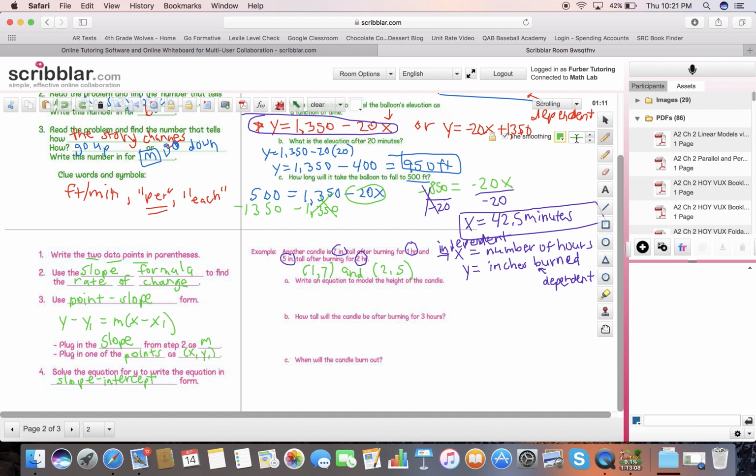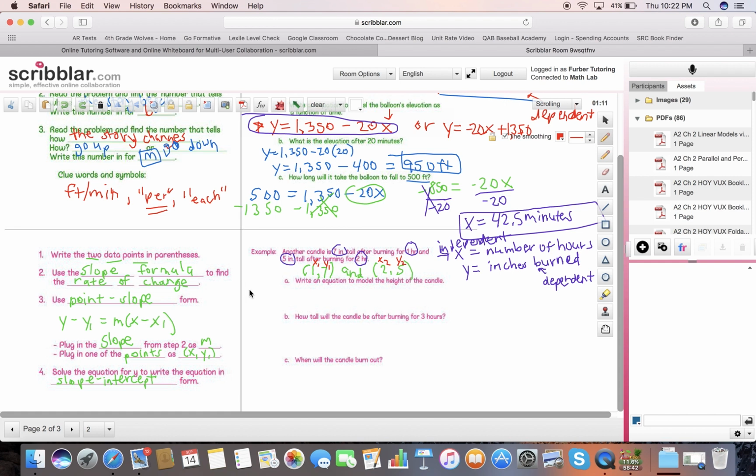Okay? So let's see if we're correct about the slope. So in order for me to write the equation, I'm first going to have to do the slope. So let's do the slope. I'm going to make this be my x1, y1. I'm going to make this be my x2, y2.